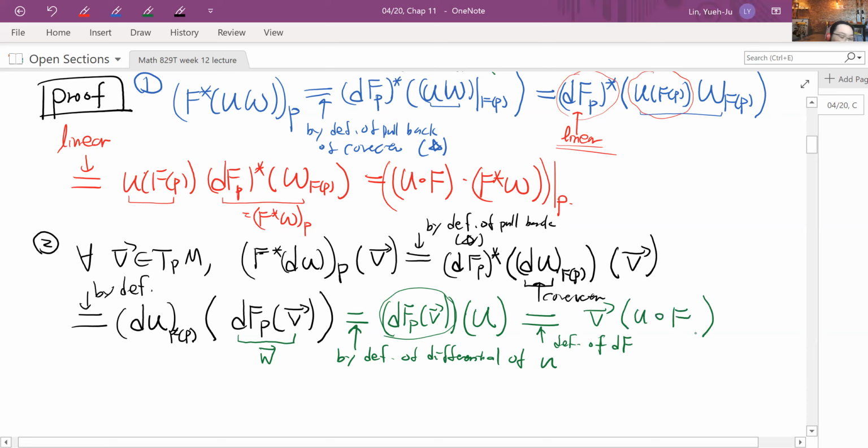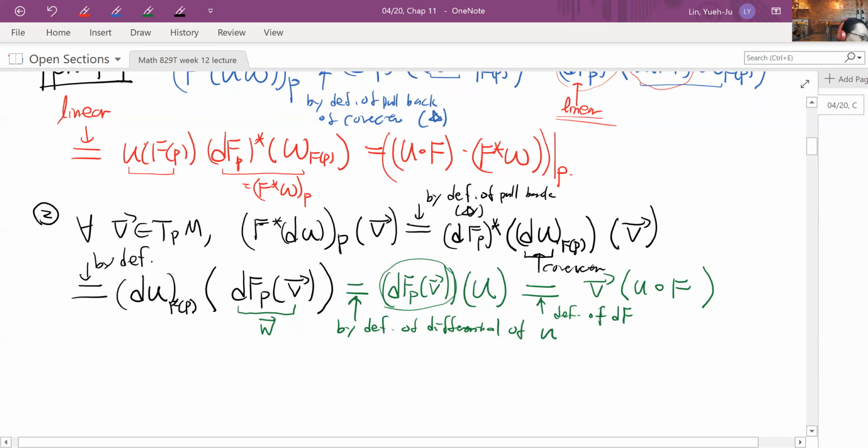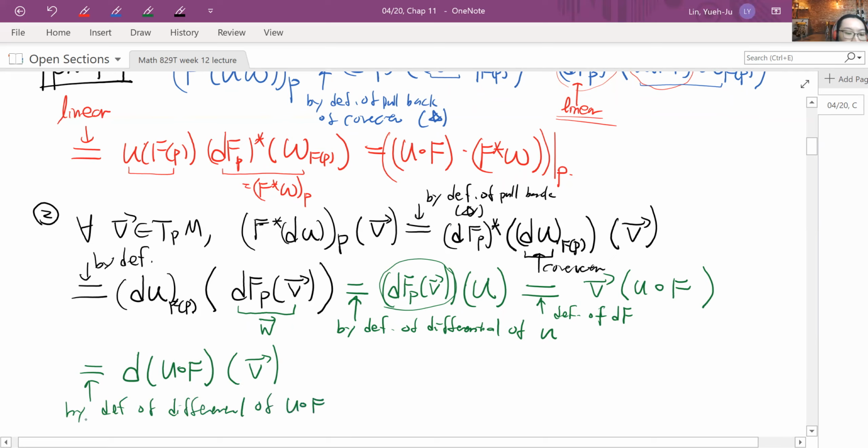And eventually, after you get here, this becomes going back to the differential of u composed with f. So this is by definition of the differential of u composed with f. I'm just going back and forth between all the definitions here. If you haven't caught up this far, this might be confusing, because you need to play around between the definition of the differential of a function and the differential of a vector.